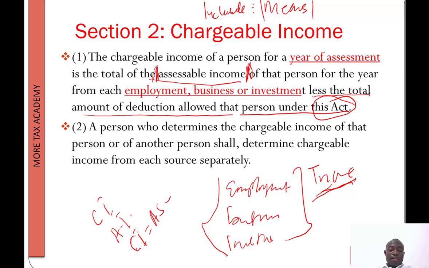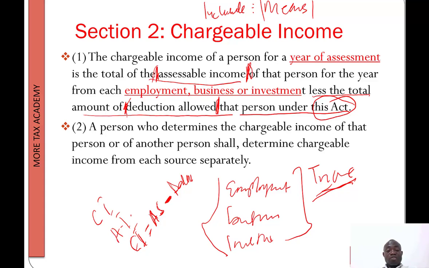So your chargeable income must be your assessable income, which is from employment, business, or investment. Then we take out the allowable deductions. Now the words allowable deductions, or deductions allowed, mean that there are certain deductions which are not allowed.